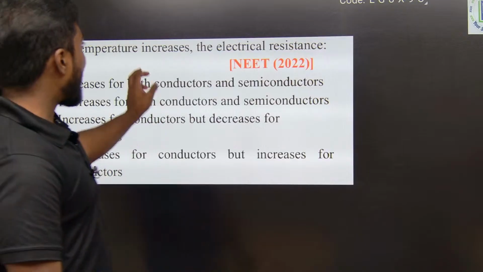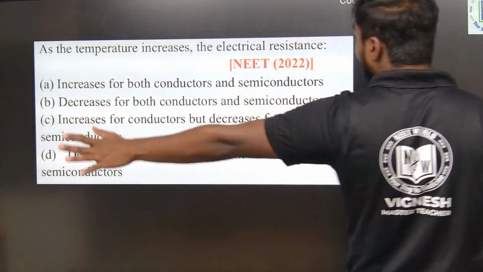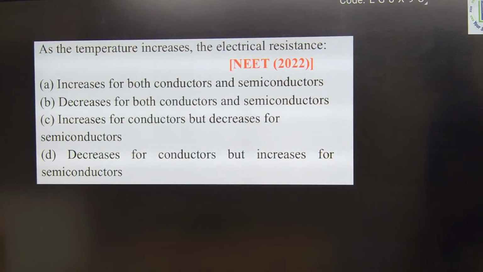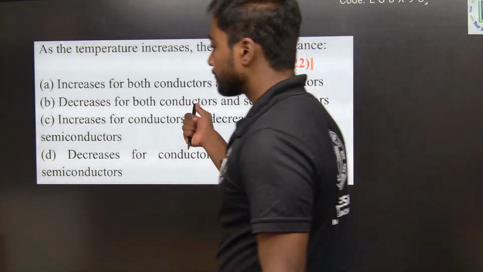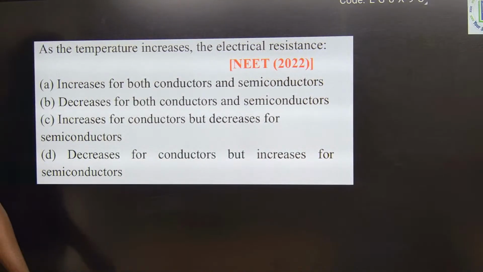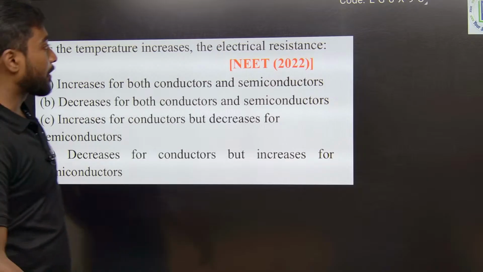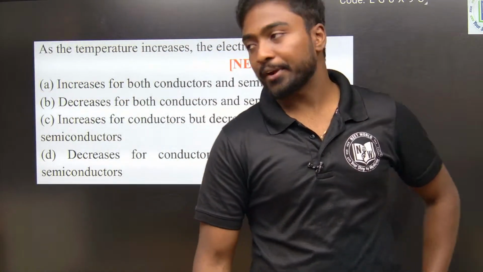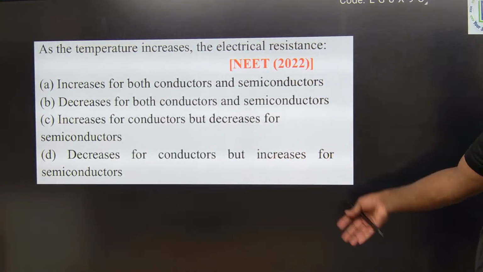So as the temperature increases, for a conductor, resistance increases with temperature. For a semiconductor, obviously it decreases.